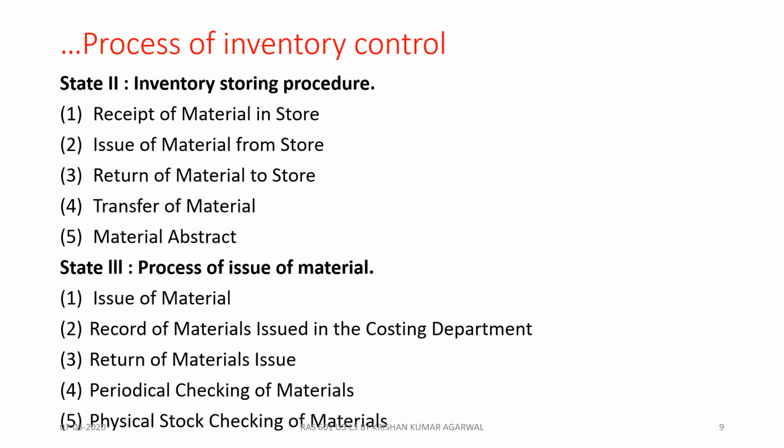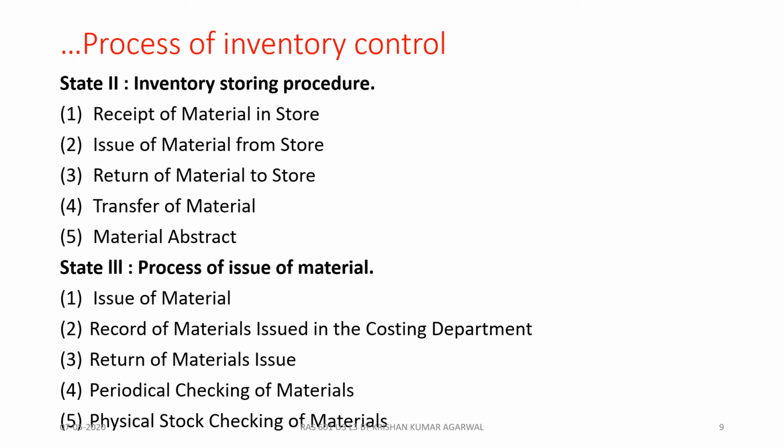The next stage consists of storing the inventory. In order to store the inventory within the plant, the store manager has to record the receipt of material in the store. They have to maintain a proper book and issue the material from the store, and also take care of the record of return of the material to the store.